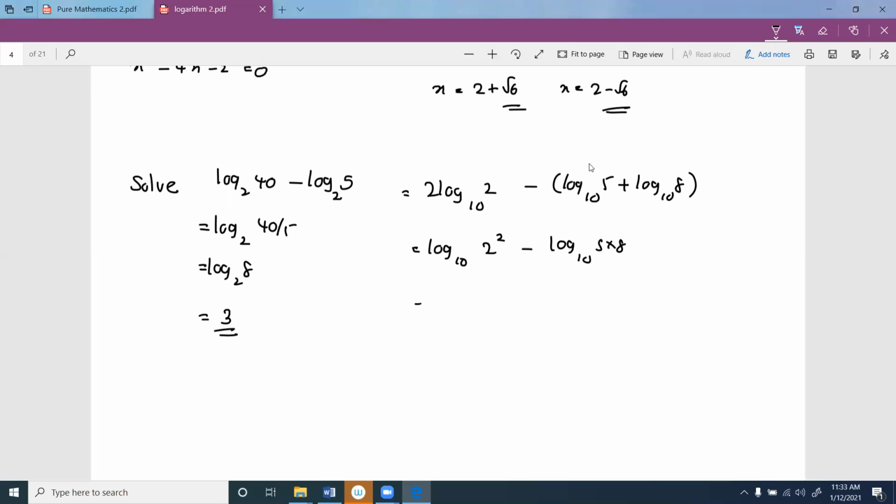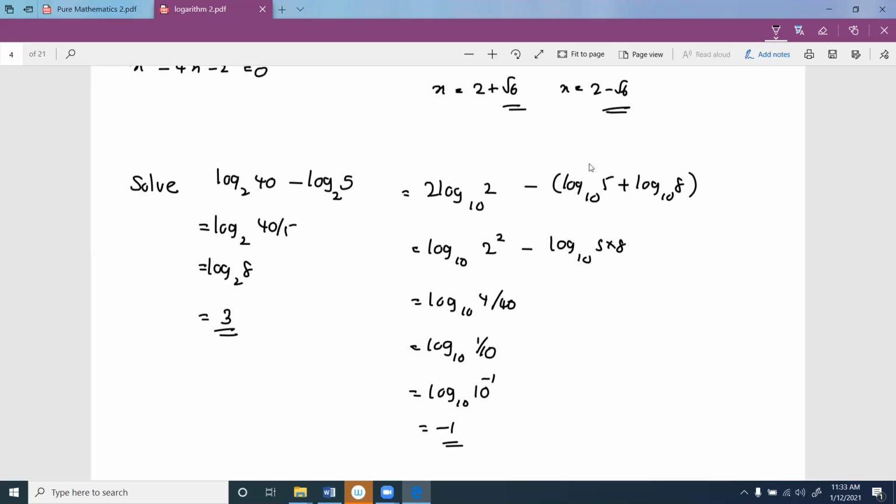So it turns into log 10 of 4 divided by 5 into 8, which is 40. 4 over 40 is 1 over 10. So this turns into log 10 of 10 to the power minus 1. So the final answer is minus 1. That's a way of getting this kind of question.